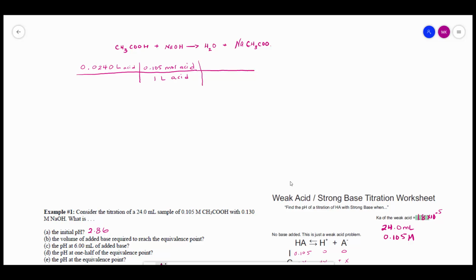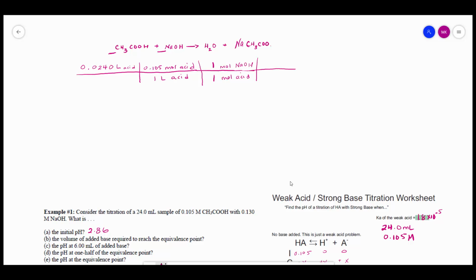And then I need to convert those moles of acid into moles of base. And I do that by using the stoichiometry found in the balanced chemical equation. So the absence of a number here in front of these chemicals is not 0. The absence of a number means that it is 1. So there is 1 mole of sodium hydroxide that reacts with 1 mole of acid.